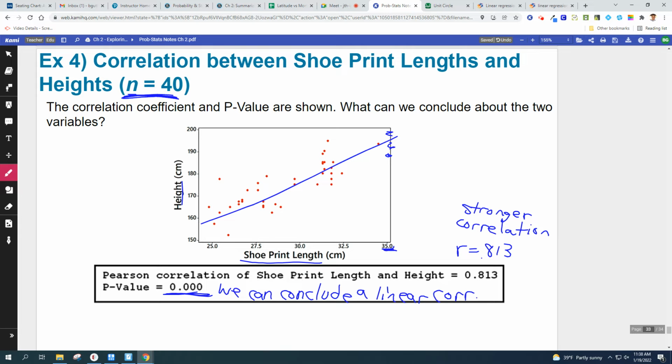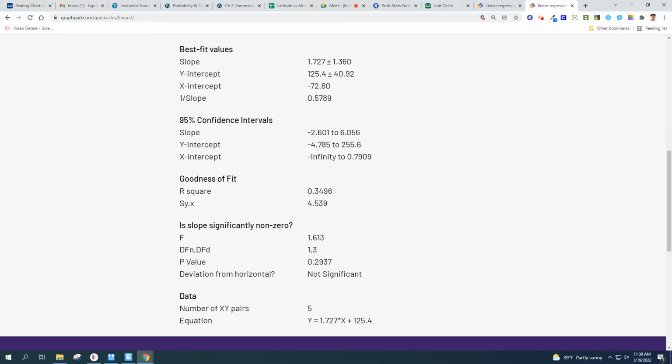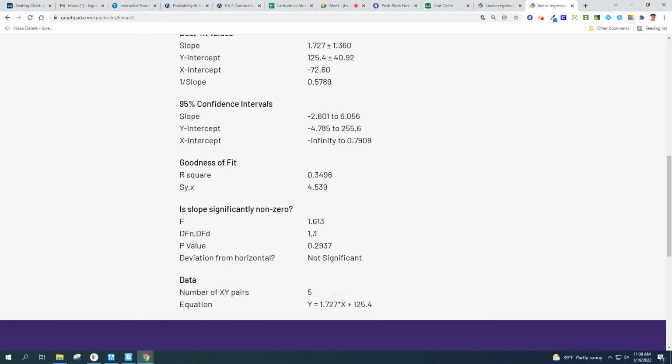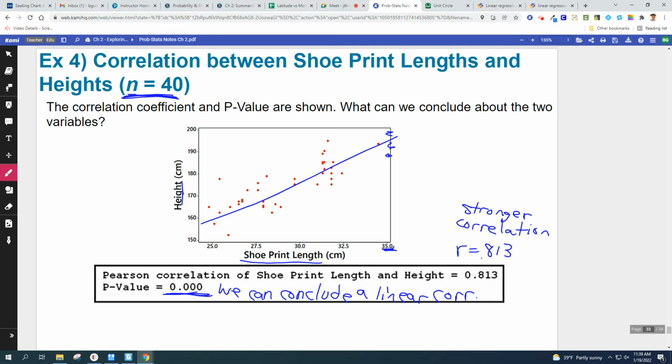And if we can do that, then we can find the equation of the line. So I told you, down here at the bottom was an equation. We've got an equation of a line right here. It doesn't really make sense to give me that equation if there's no correlation, if you can't tell if there's a correlation. But now, when we've got this evidence to show that there's this linear correlation, we can come up with an equation.